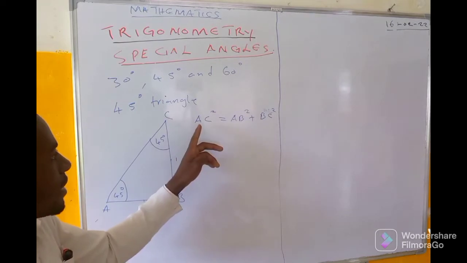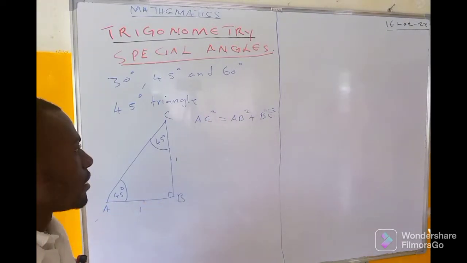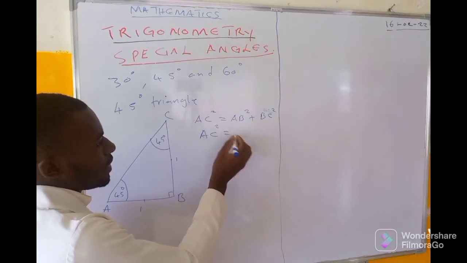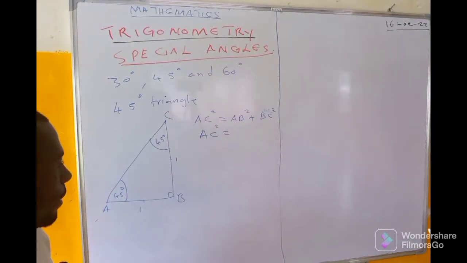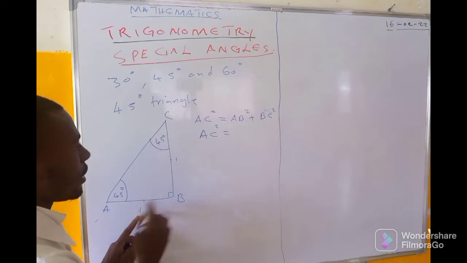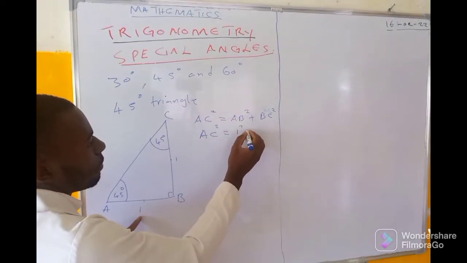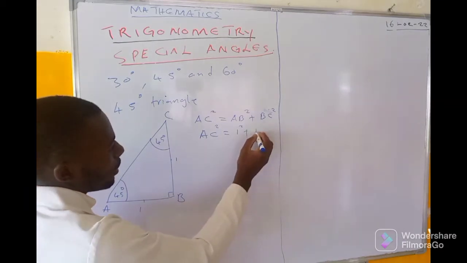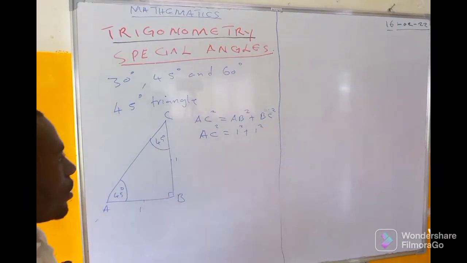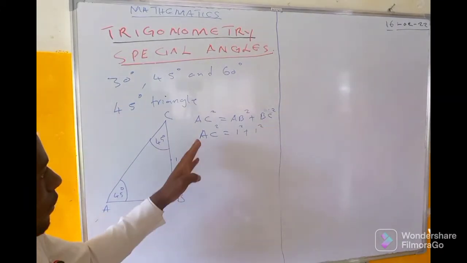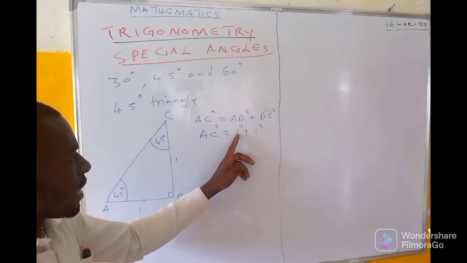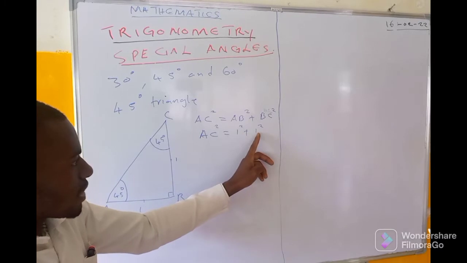From there, you have AB and you have BC. So it's now time to find AC squared. AC squared is equal to, what is your AB? Your AB is 1. So you have 1 squared plus, what is your BC? Your BC is also 1 squared. You now multiply. This is the same as 1 times 1 plus 1 times 1.